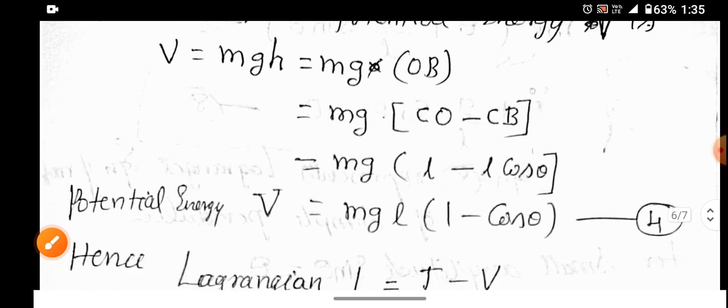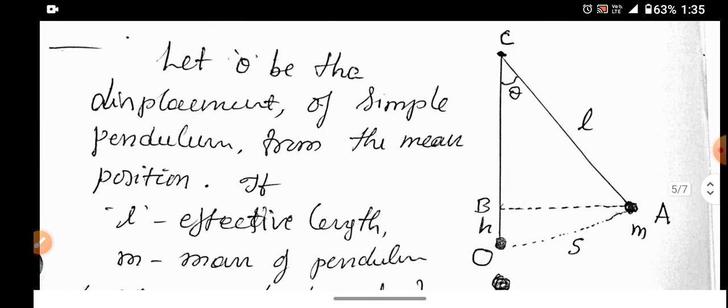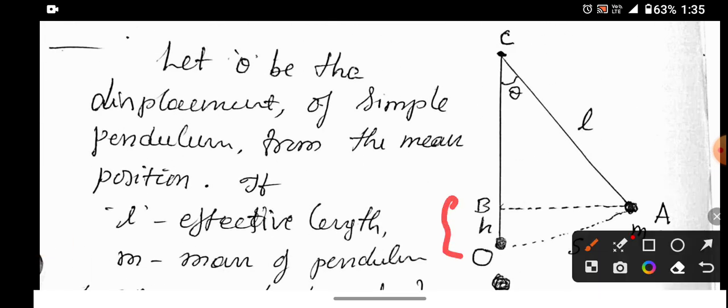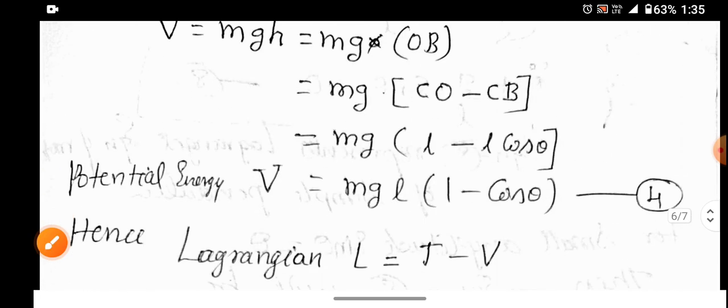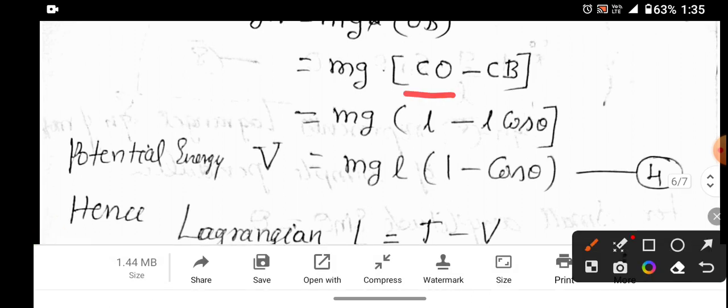Then OB can be written as CO minus CB. If you want OB, then you subtract CO minus CB. Here CO is nothing but the length L. The length of CB can be found using the cos theta definition.